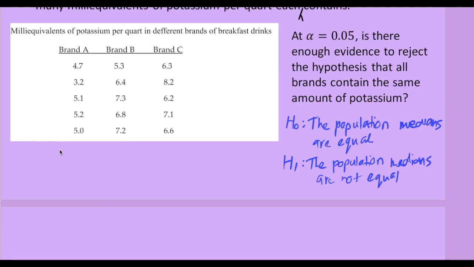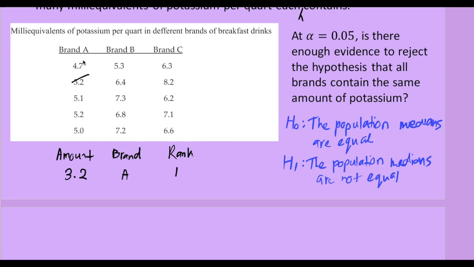We have the amount of potassium, and then we have the brands, and we have the rank. So I'll start with the smallest value here, which is 3.2, and it belongs to brand A. So the amount will be 3.2, brand A, and rank number 1.